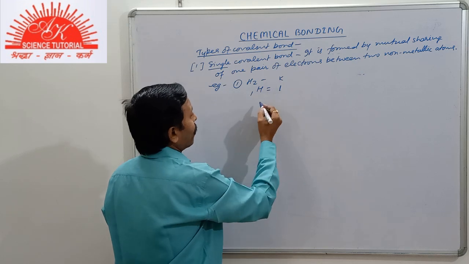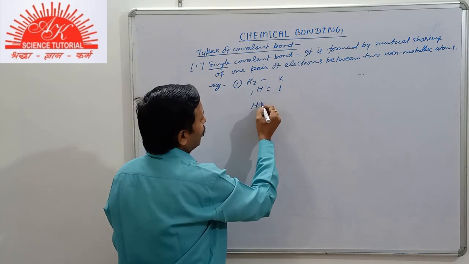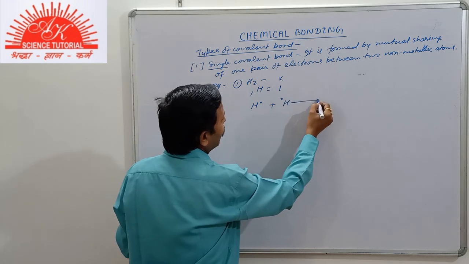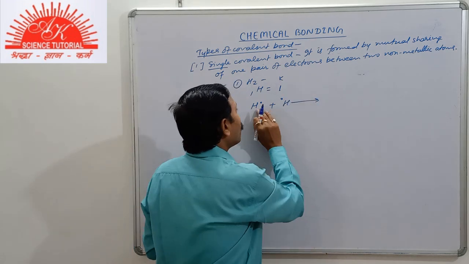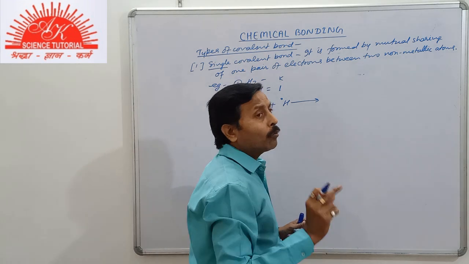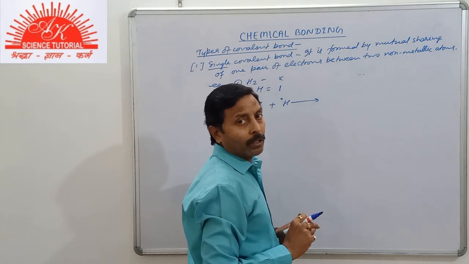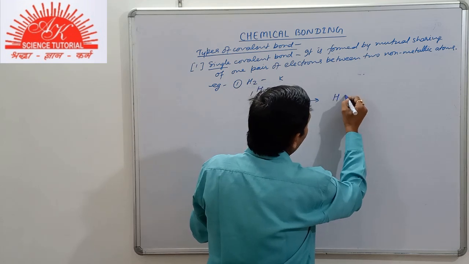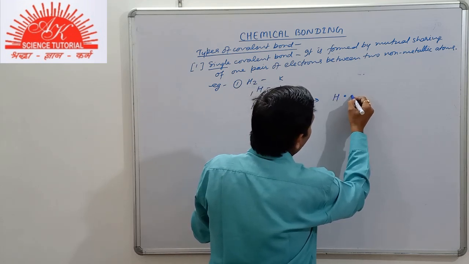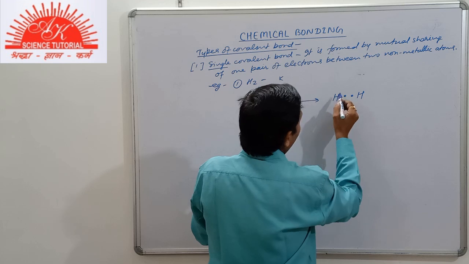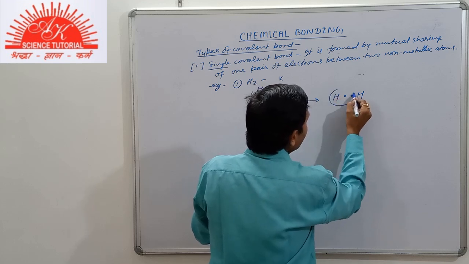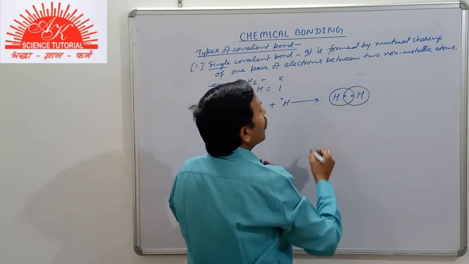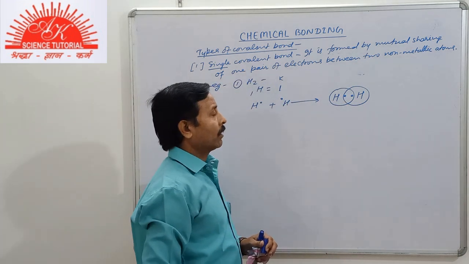Now you see, one hydrogen atom has one valence electron, another hydrogen atom has another valence electron. So both of them require one more electron. As a result, there will be mutual sharing. One electron, both share, and hence this electron is used by both the atoms.